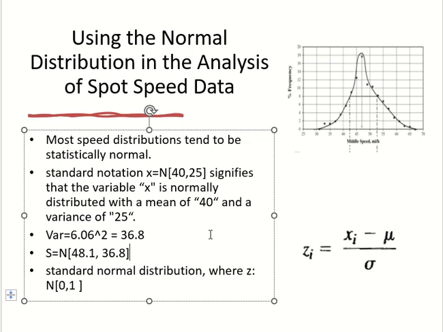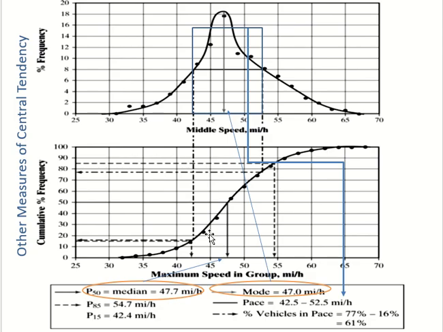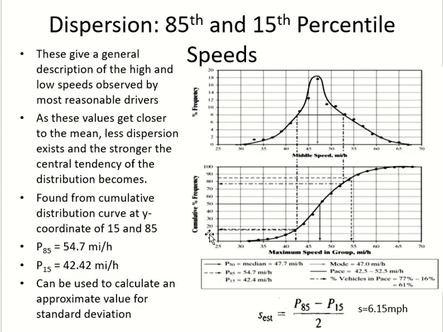Mu means mean, sigma means standard deviation. So you can take your speed data, find the mean and standard deviation, and convert all the values with that formula. Then you don't need to worry about the percentiles and medians; you have them available with you.